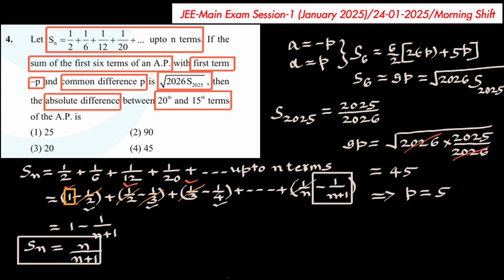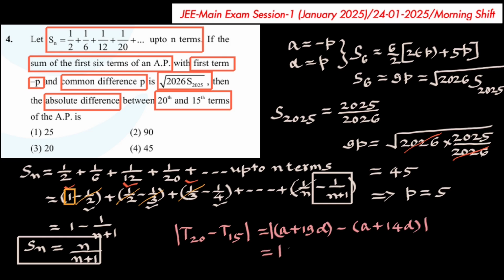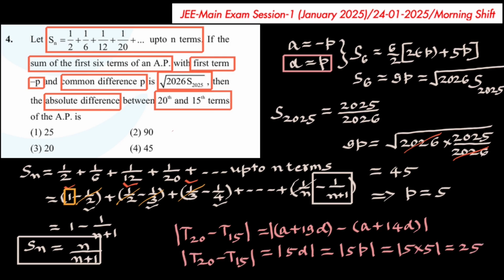Now the absolute difference between the 20th and 15th terms, T20 minus T15, will be (a plus 20 minus 1, 19d) minus (a plus 15 minus 1, 14d), which is mod of 5d. But d is p, so mod 5p, and p is 5, so 25. So the answer option here is 125.